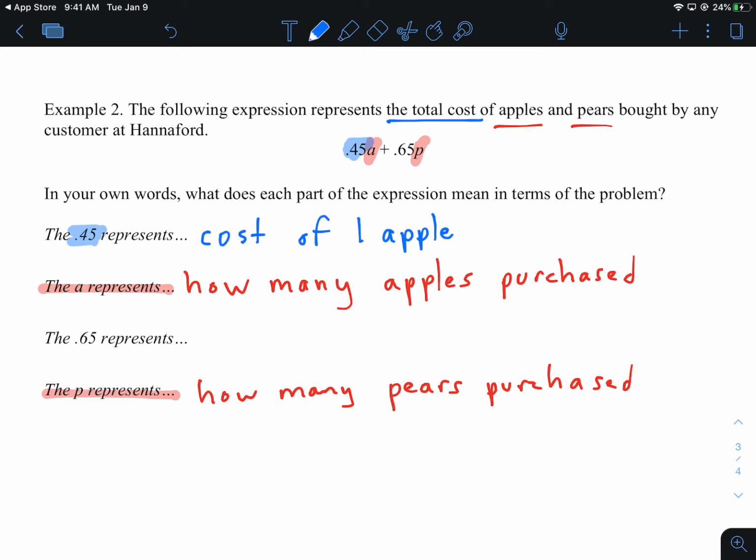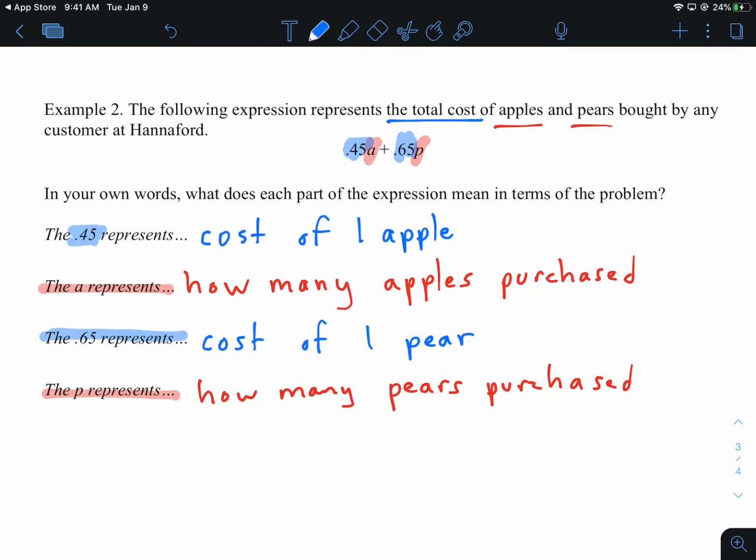You can imagine if we replace the A with a 1, 0.45 times 1 would give us 45 cents, and that would be how much was spent on an apple. In just the same way, that 0.65 must represent the cost of one pear.